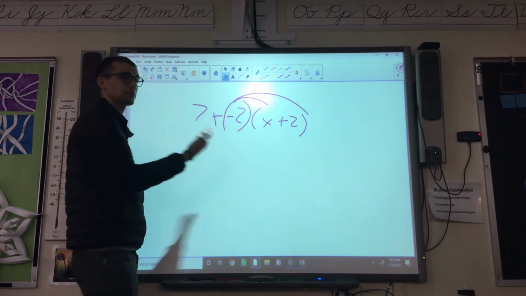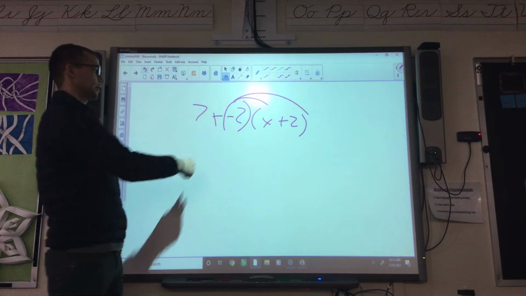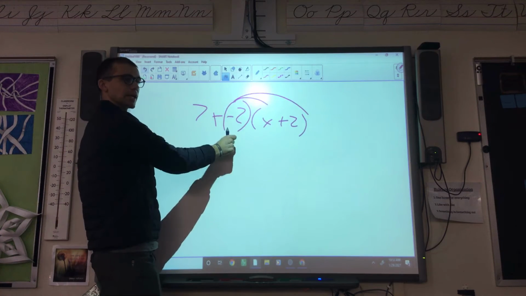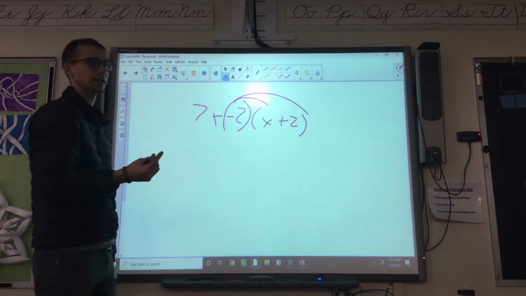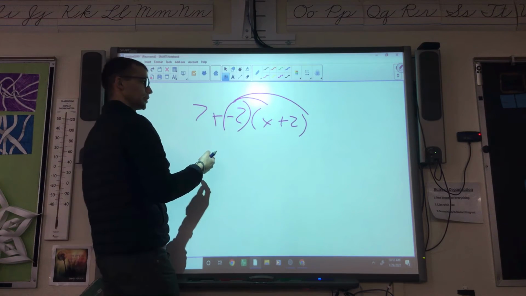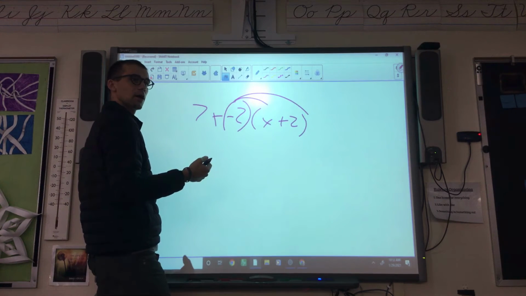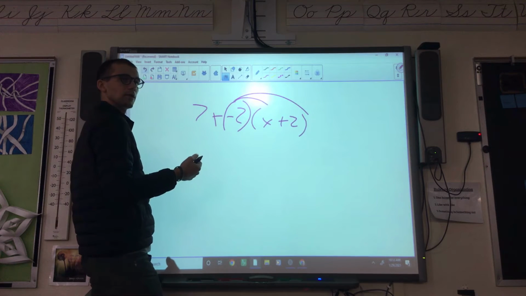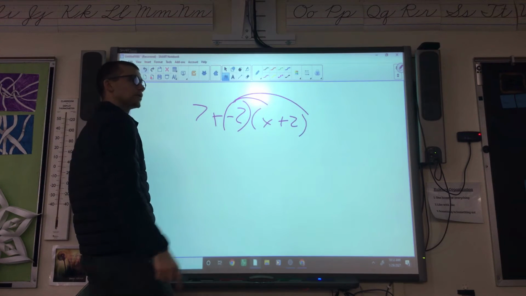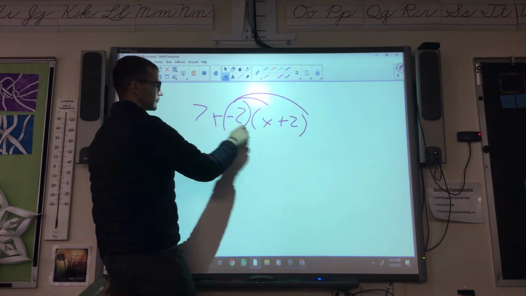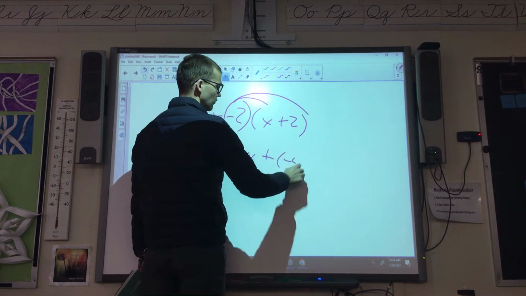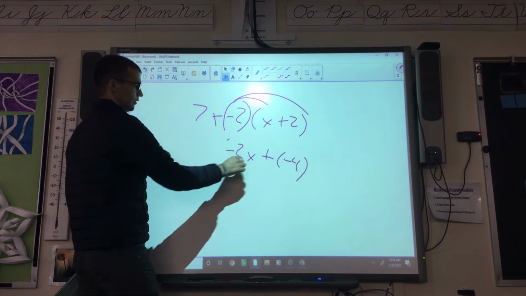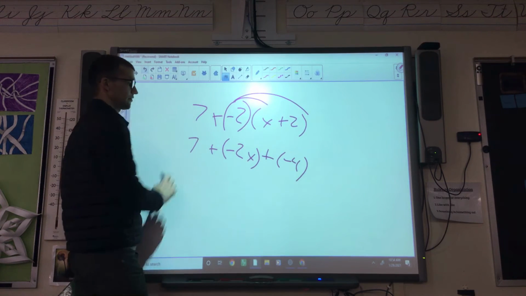This is the way I would prefer you do it, because right away you're getting the negatives in. Yes, I have to do more multiplying with negatives, but at the end I can add things together a lot more easily with the commutative property, the one you can move stuff around with. So this is negative 2x plus negative 4, in parentheses, plus 7.